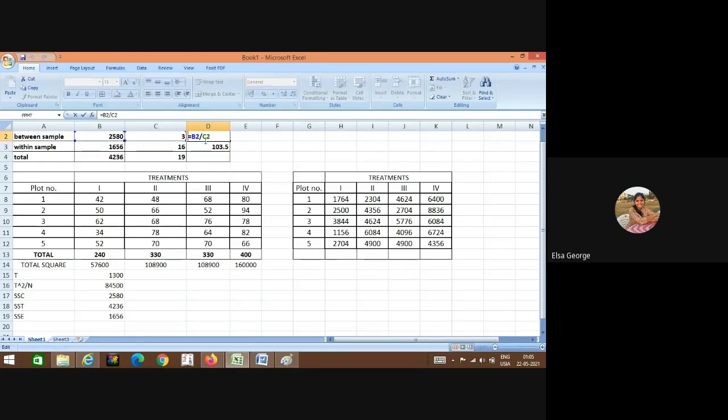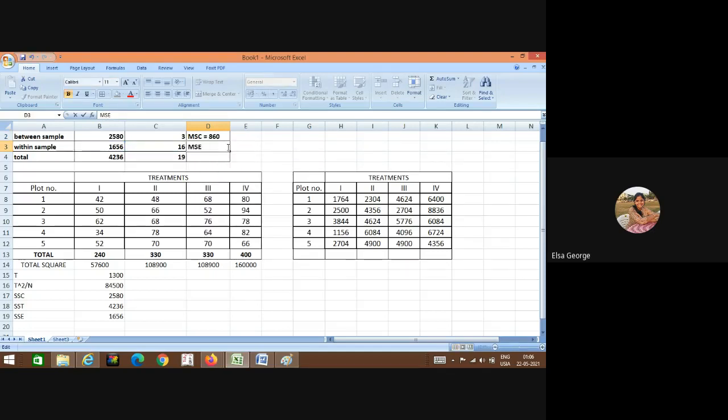So I'll write it as MSC is equal to, oh sorry, then your formula will not work out, right? So it is 860 that we got. MSC is equal to 860 and MSE is 103.5, right?